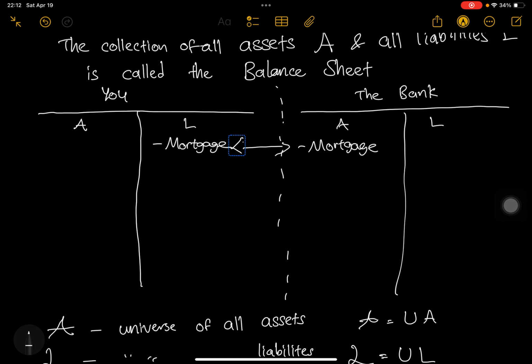The point being that across this dotted line is the mirror image of a particular promise. In this case it's a mortgage, but it similarly could be a government bond or a corporate bond or any other liability.